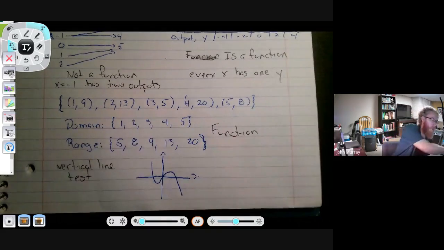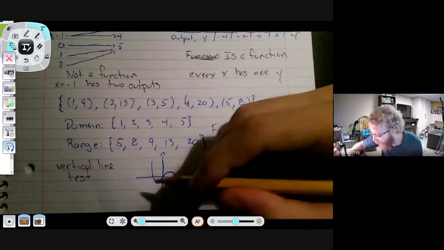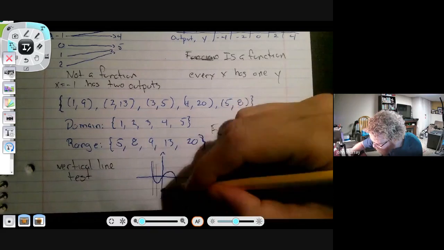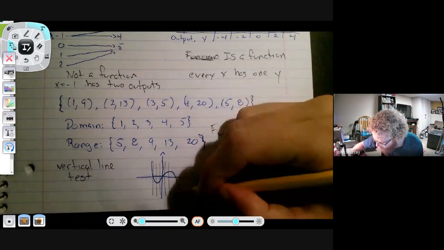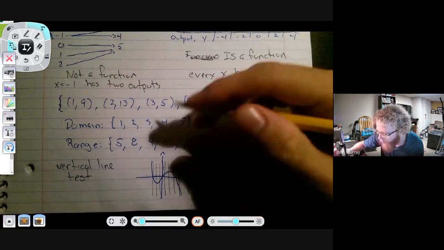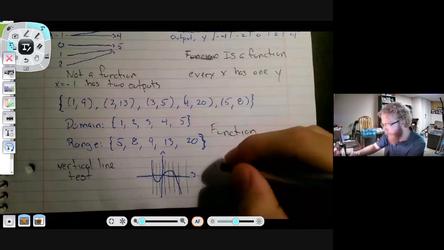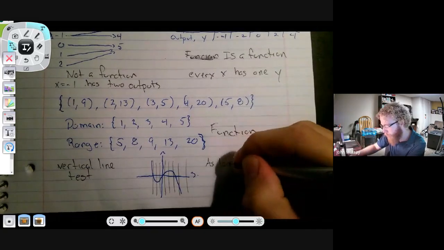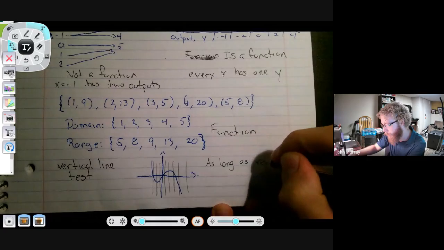What we do is we draw vertical lines on the graph. You don't have to draw them everywhere, but I'm just going to draw them everywhere.